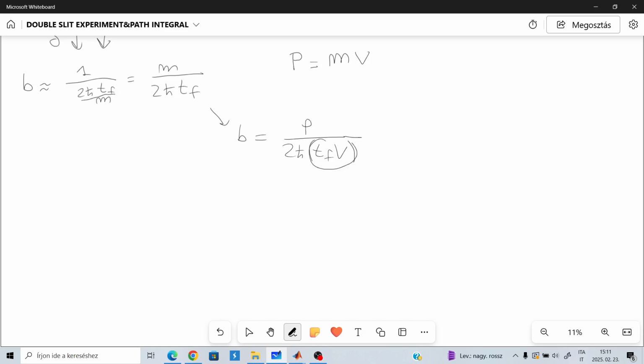So Tf times V, well, it is something like the space traveled by the particle to reach the screen or the wall, whatever you want to call it, and we can call that just d. So this would be d. It is some distance equal to Tf times v.